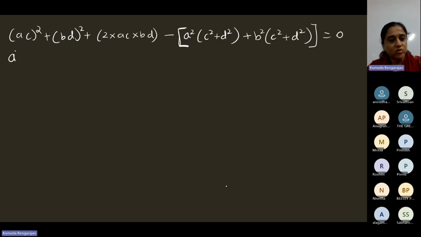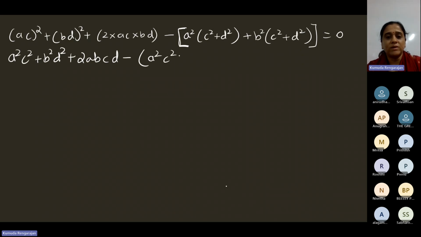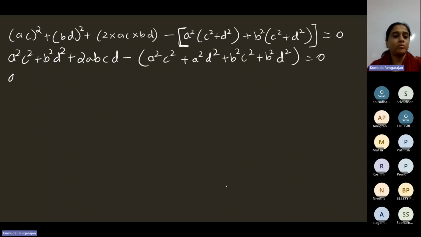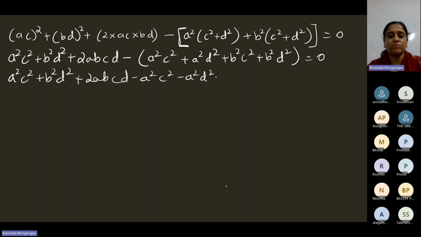So here it will be a squared c squared plus b squared d squared plus 2abcd minus [a squared c squared plus a squared d squared plus b squared c squared plus b squared d squared] is equal to 0. On opening the bracket, a squared c squared plus b squared d squared plus 2abcd minus a squared c squared minus a squared d squared minus b squared c squared minus b squared d squared is equal to 0.